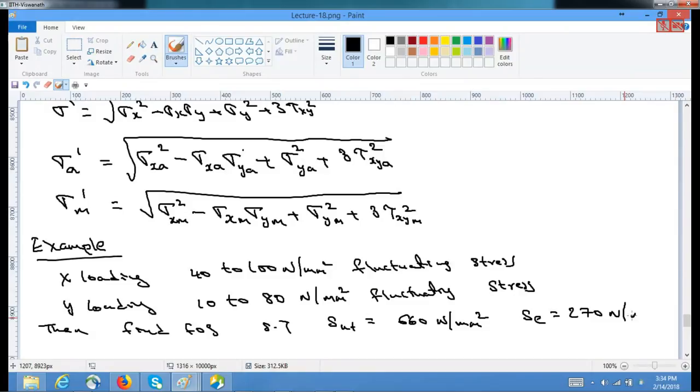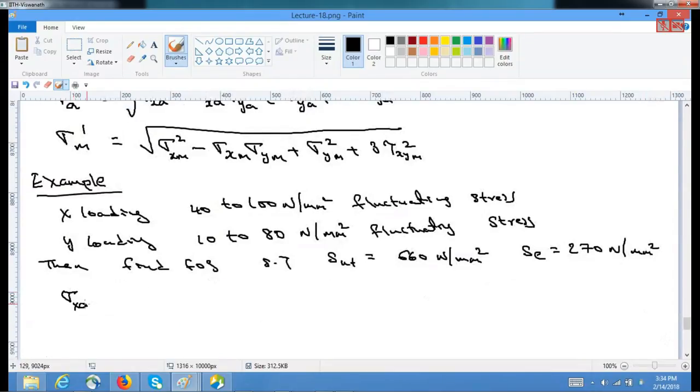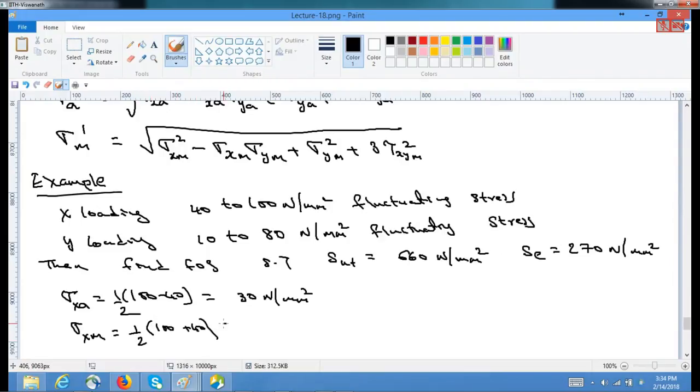Earlier we have only used one part of it. Last time we calculated sigma XA, which is 100 minus 40 by 2, which is 30 Newton per mm square. Sigma X mean is 1 by 2 of 100 plus 40, which is 70 Newton per mm square.